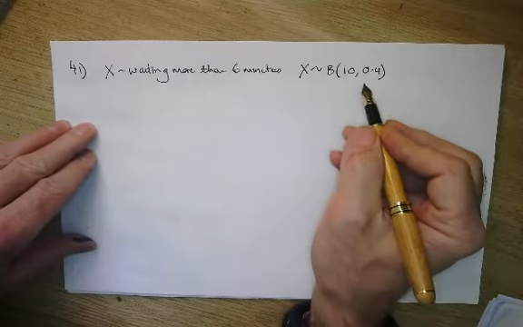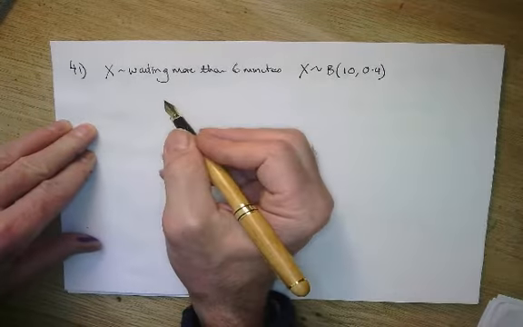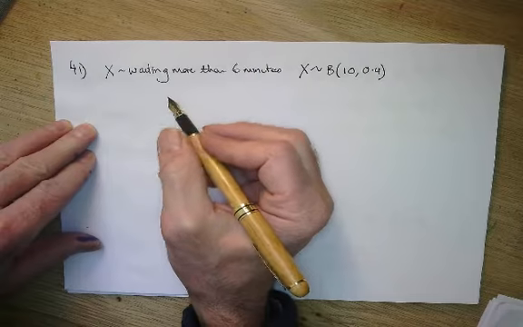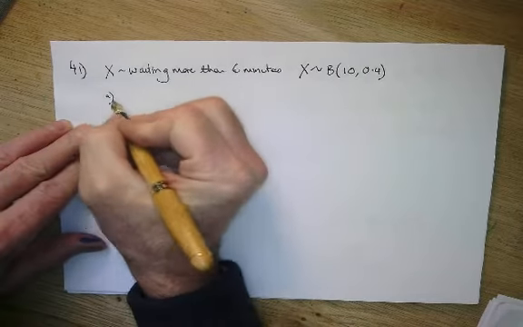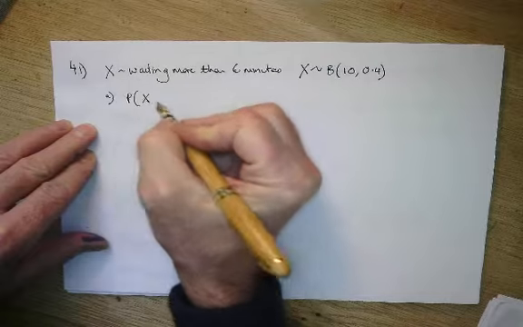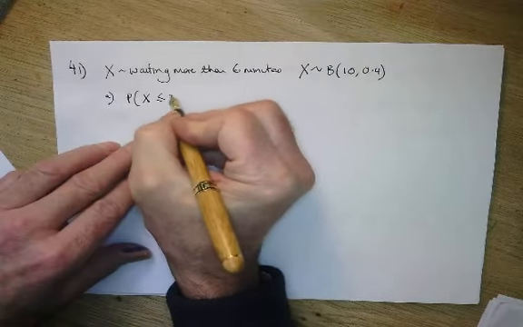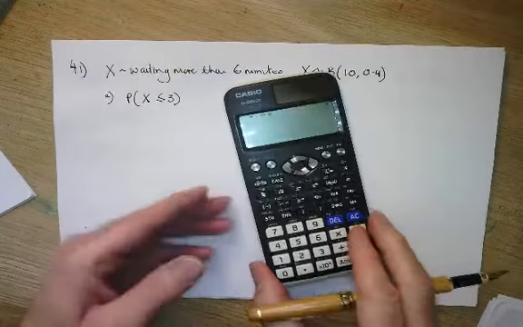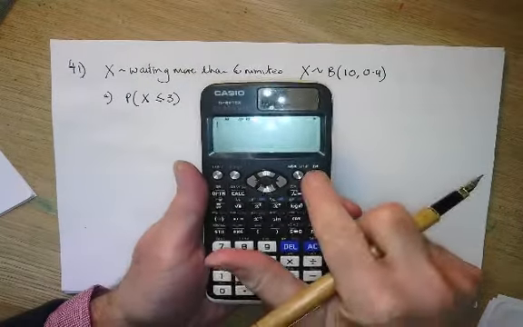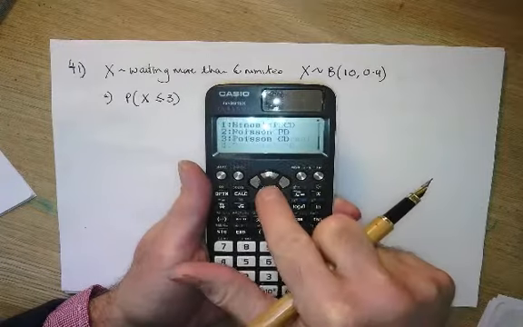So that's our setup, and then the question says find the probability that she has to wait more than 6 minutes 3 or fewer times. So for the first one here, it's the probability that X is less than or equal to 3. Use my calculator here, get the setup correct. So menu 7, it's a distribution.